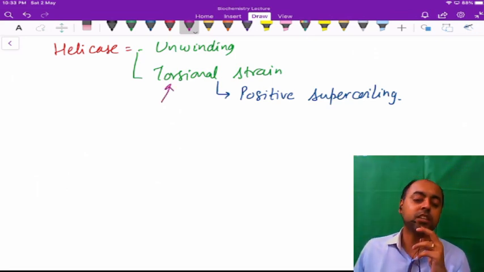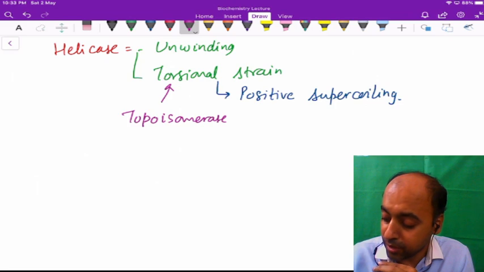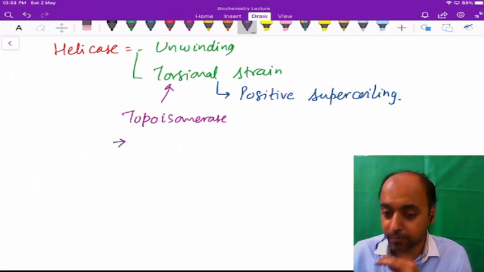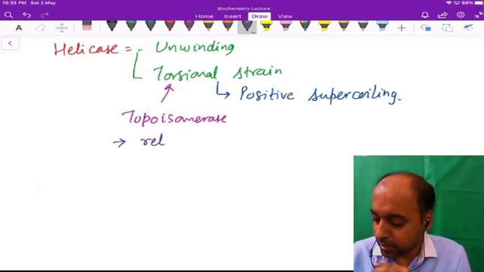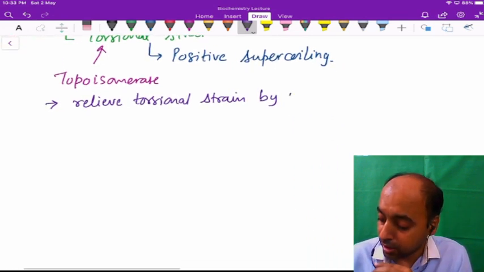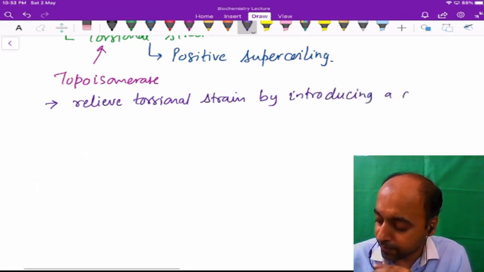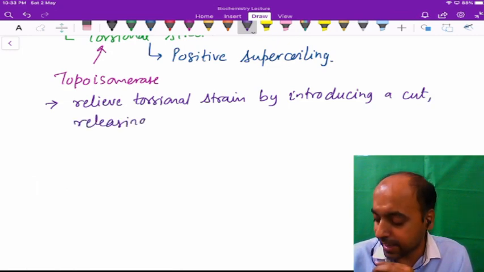The torsional strain is relieved by a group of enzymes known as topoisomerase. Very briefly, topoisomerase relieve torsional strain by introducing a cut, releasing extra turns.